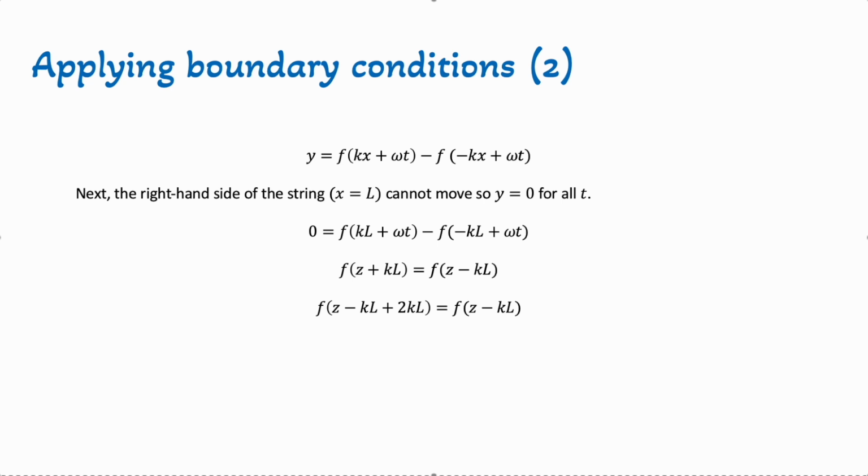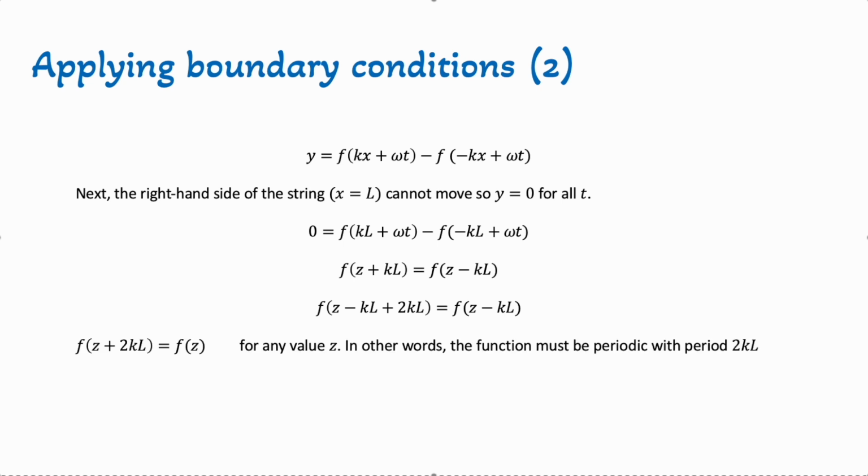Why is it useful to write like this? Well, because z can take any value, z minus kl can take any value. So I can replace z minus kl just with z, and I can say f of z plus 2kl equals f of z. This is what's called a periodic function.